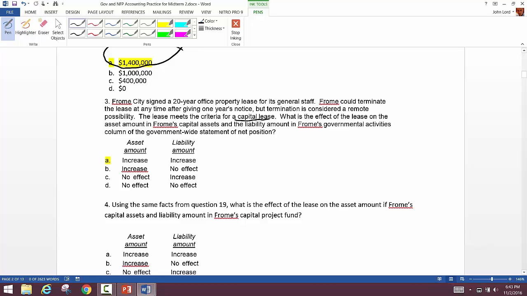And what is the effect of the lease on the asset amount in Frome's capital assets and the liability amount in Frome's governmental activities column on the government-wide statement? So we've got assets and liabilities. Do we report those at the government-wide level? So when we issue a capital lease, here we debit equipment.